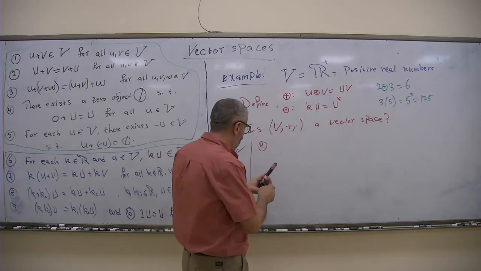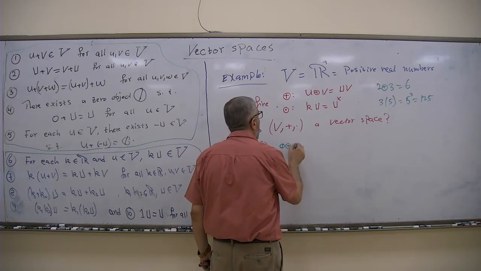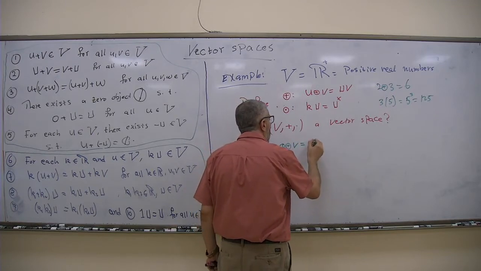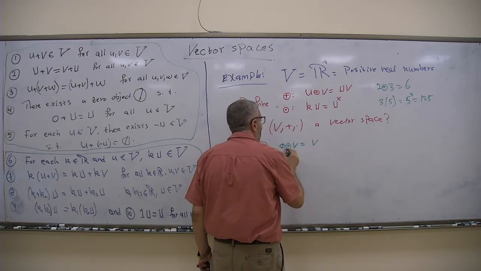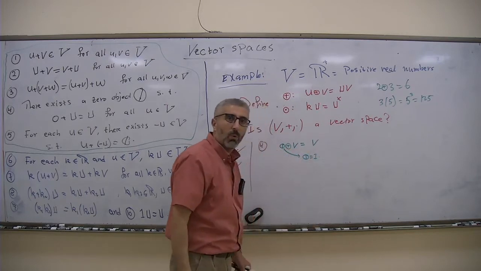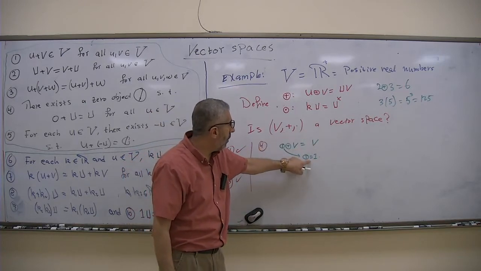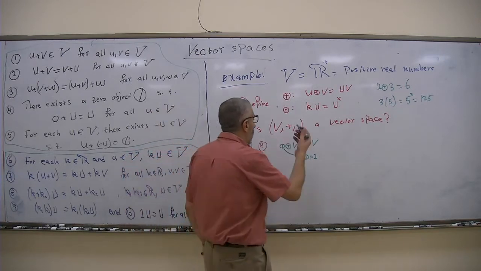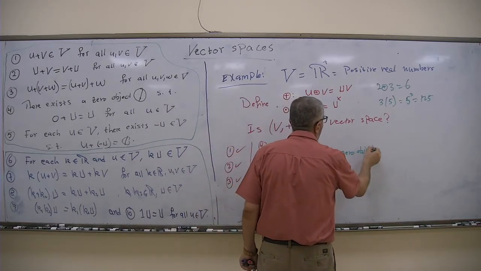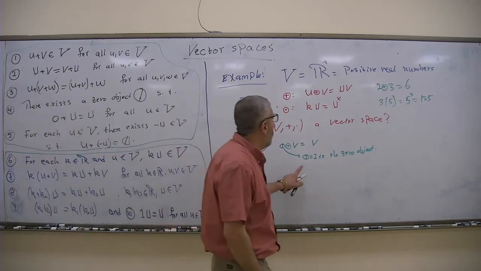We want something that you add to u or to v and we get v back. It is the number 1, because 1 times v is v. So your zero object is the real number 1.